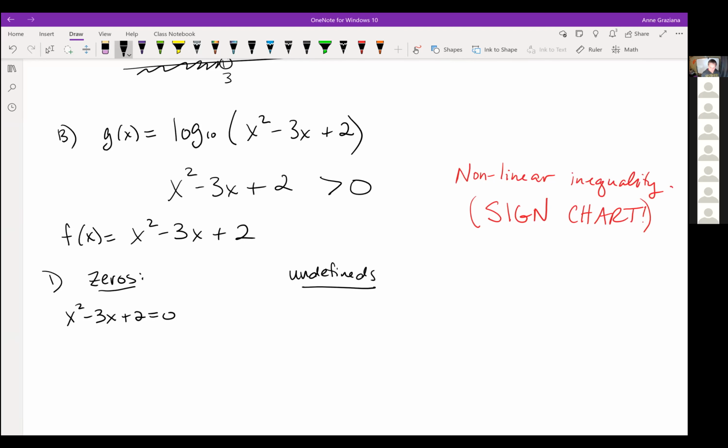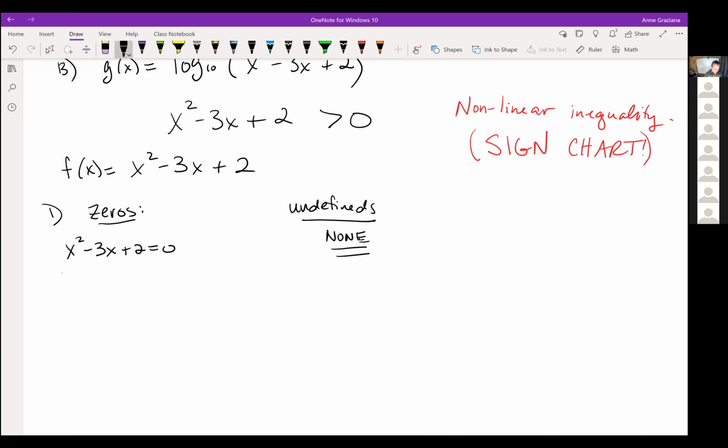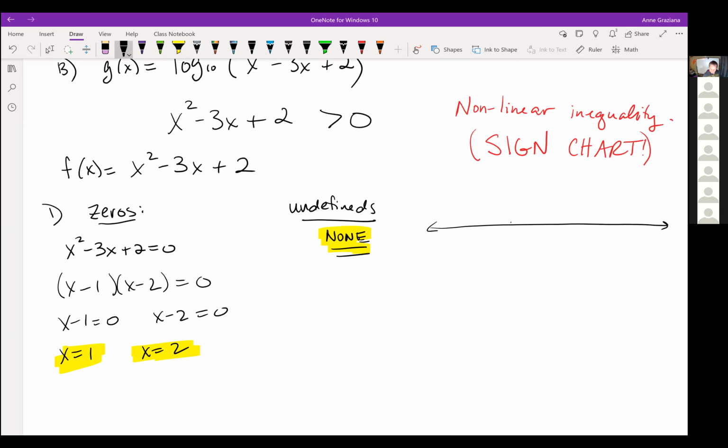No. So there are none. That's nice. Don't have to worry about that. All right. So we're going to factor this: x minus 1, x minus 2. And then that means x minus 1 is equal to 0 and x minus 2 is equal to 0. x is 1 and x is 2. Those are my zeros. And since I have no undefines on my sign chart, all I have to put on are these zeros.